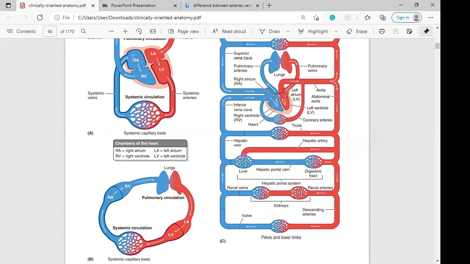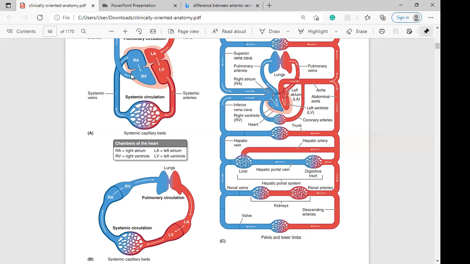Now, there are two other valves that you need to know about, called the pulmonary valve and the aortic valve. Apart from the bicuspid or mitral valve and the tricuspid valve, you have these two other valves. Where is the pulmonary valve?